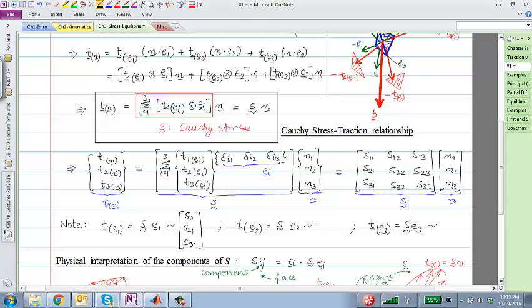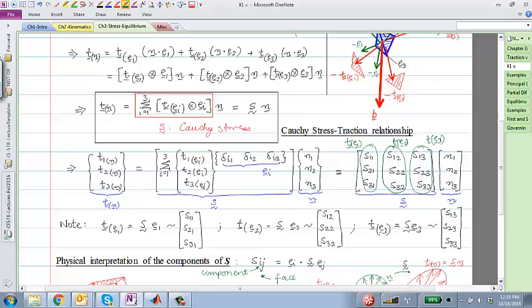Similarly, traction on the face with E2 will capture the second column, S12, S22, S32. And finally, on the third face, S13, S23, S33. So essentially, the columns of this stress tensor are nothing but the traction on the face with normal E1, traction on the face with normal E2, traction on the face with normal E3.